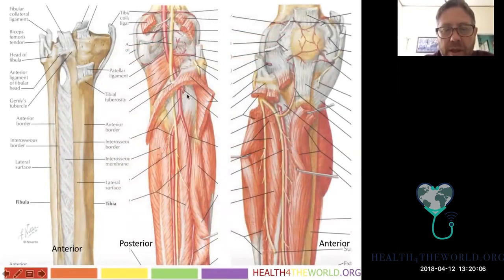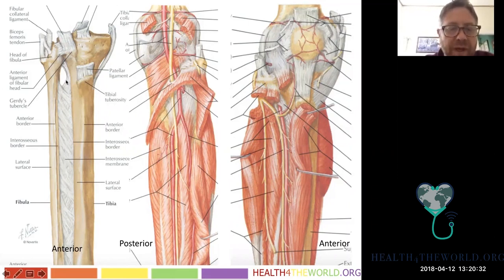Again, looking at the popliteal artery from behind, it goes down, gives off an anterior branch, which is the anterior tibial artery right here. Then it's going to turn into the TP trunk, and it's going to give off the peroneal and the posterior tibial artery.